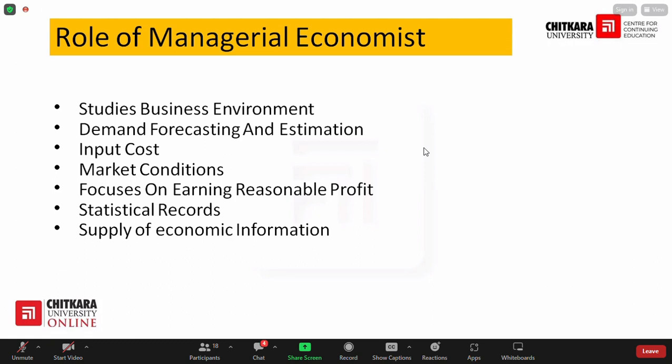Number two, you need to go for research. When you go for research, you come to know how many firms and how many competitors are available in a particular industry. Through market research, you come to know how many competitors we have in a particular industry.